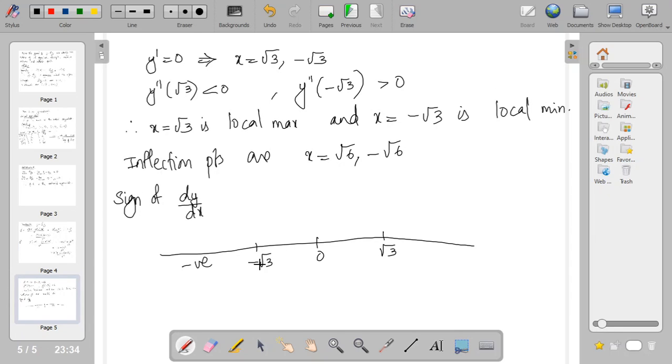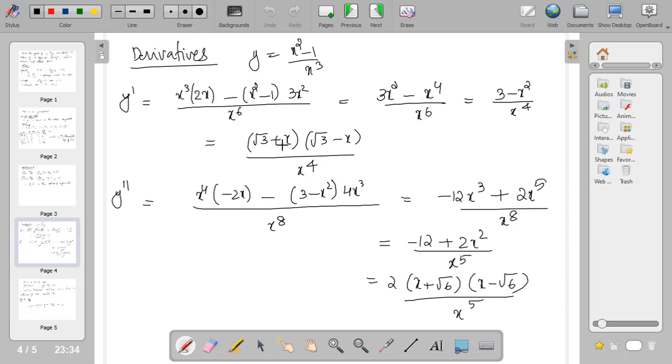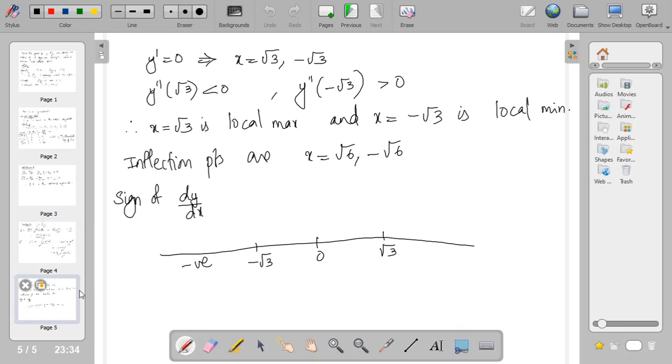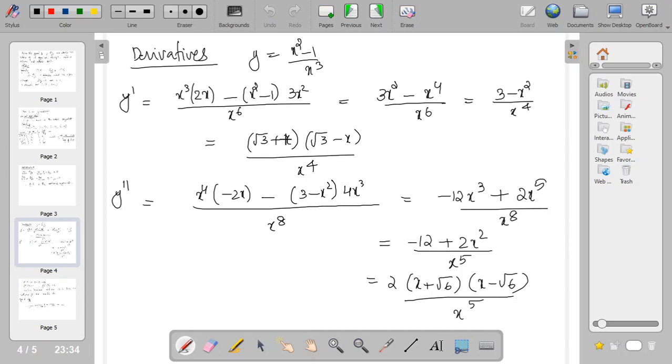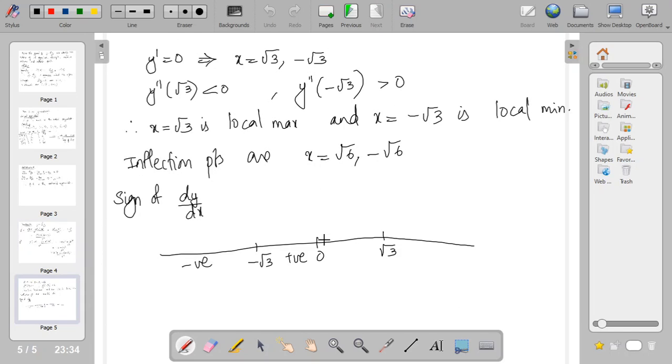And when you take from minus root 3 to 0, this is positive, this is also positive, so both are positive. So here it will be positive. And 0 to root 3, this will be positive, so it is going to be positive.